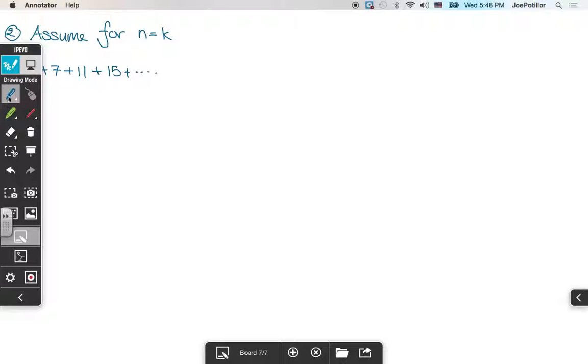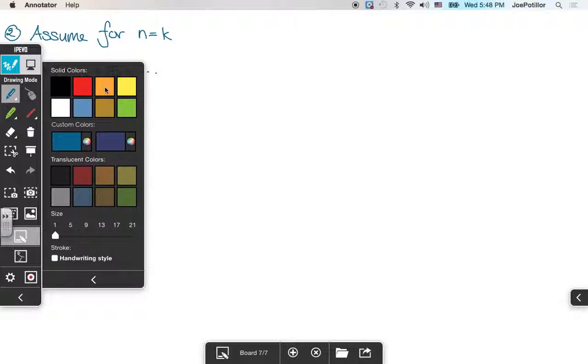The next step is really simple. We assume it for step B. Assume for n equals k. So that means wherever I see n, I replace it with k. So that's 3 plus 7 plus 11 plus 15 plus dot dot dot. We'll use a different color for k. We'll use orange.